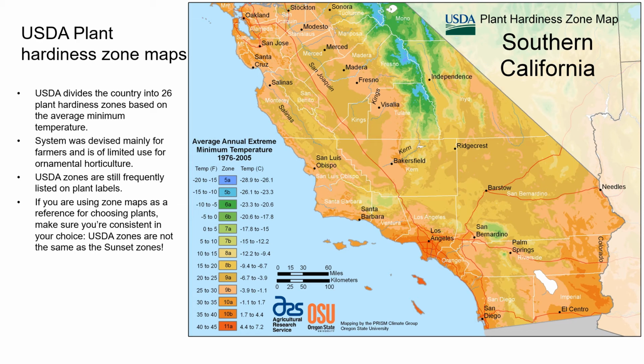And the system is of limited use for many crops and for ornamental horticulture because of the very narrow focus of the data used to compile it. If you're using zone maps as an indicator of a plant's suitability for a particular area, make sure you're differentiating between the USDA zones and Sunset zones, because they're not the same, even though they both use a numeric labeling system.